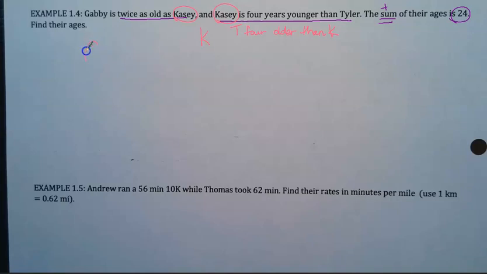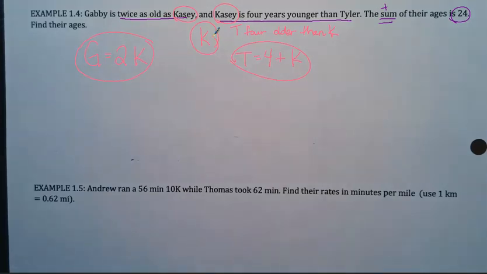Because Gabby is twice as old as Casey, so she's 2 times K. Tyler is 4 years older than Casey, so 4 older would be 4 plus K. And then we have Casey's age. So we've got Gabby and Tyler and Casey, but Casey is the connection. She's the one relating all of them together.